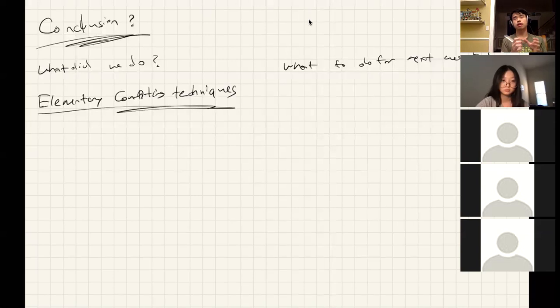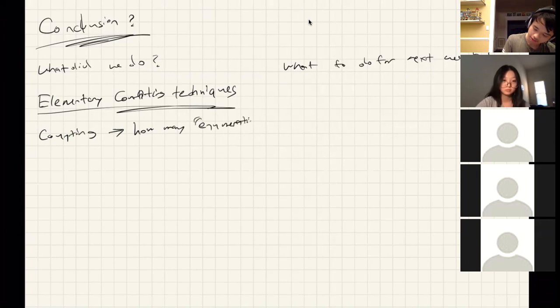So counting is all about asking how many, all about enumerating things. To do well at combinatorics, what you have to do is have a clear, systematic plan of action.